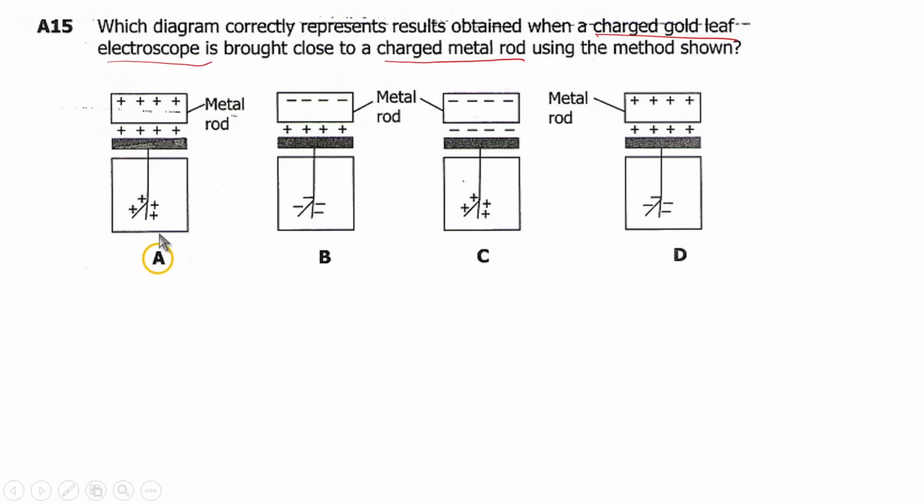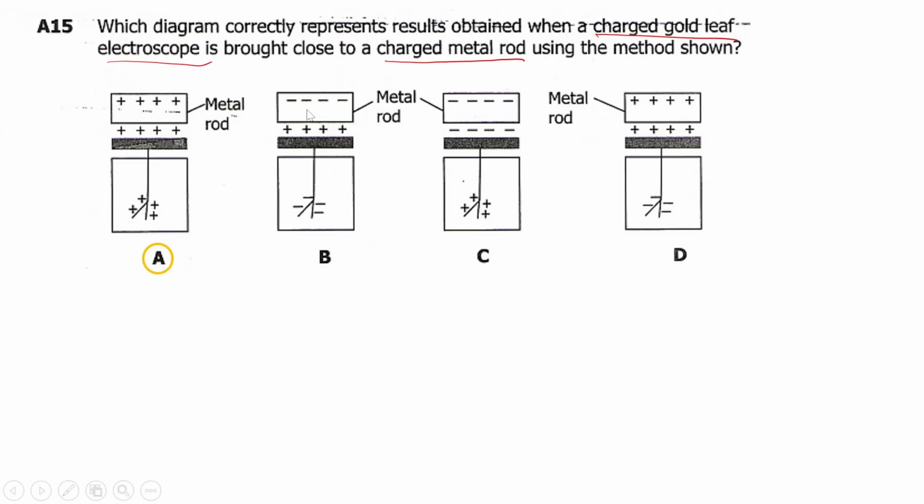because for B, if a gold leaf is charged, let's say it is charged with a negative charge, and you bring a metal rod which is charged negative, there will be no way that on this side here it will remain with positive. Never. Because it had only negative charge.